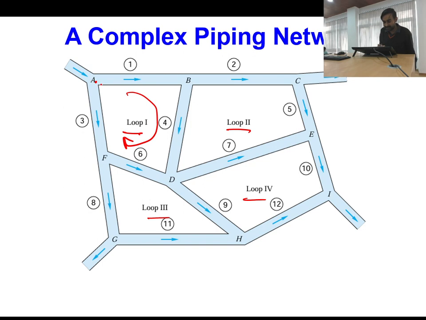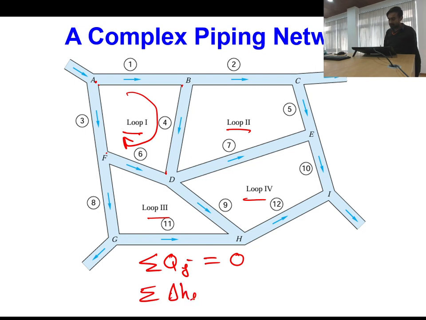So what you can do is write head loss for AB plus head loss for BD plus head loss for BF plus head loss for BA, and equate that to 0 by using these two simple rules. One is the summation of all Q's at a junction equal to 0, and second is the sum of all head losses in a loop equal to 0.